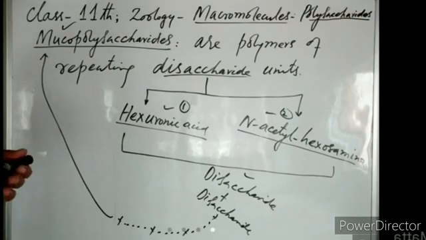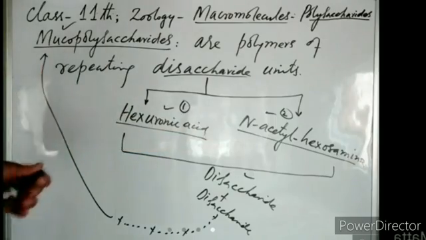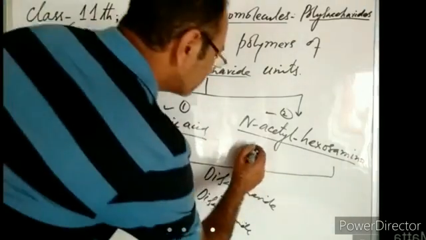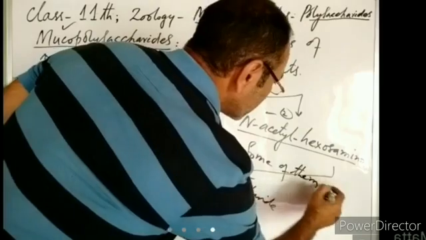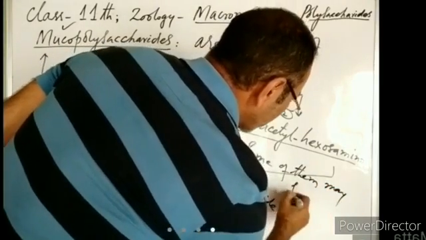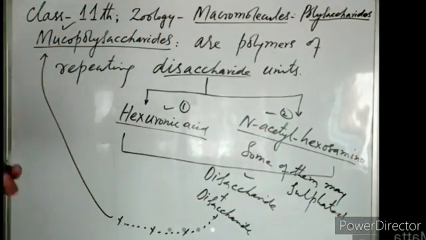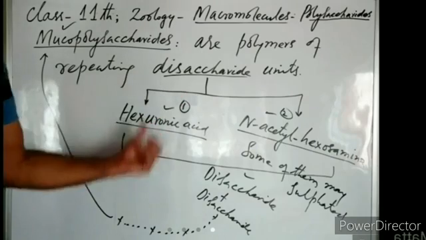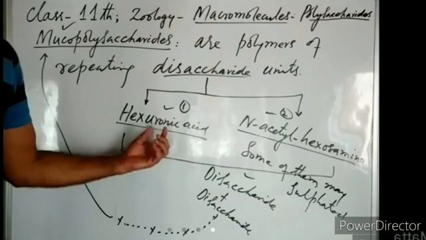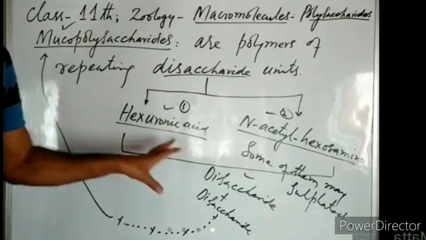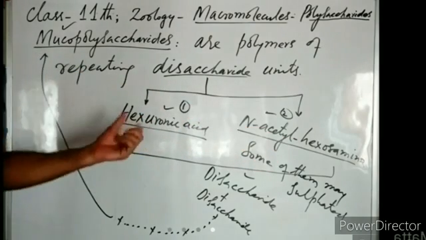Some of these sugars, hexuronic acid and N-acetyl hexosamine, may be sulfated. So they may also contain sulfur, right? Either hexuronic acid may be sulfated or sometimes N-acetyl hexosamine may be sulfated.